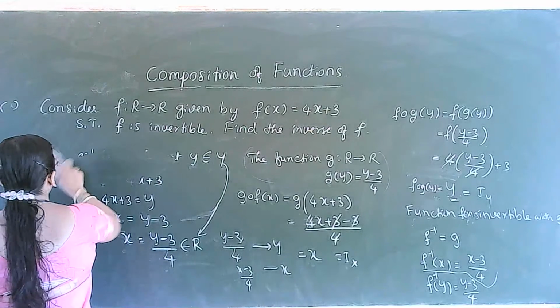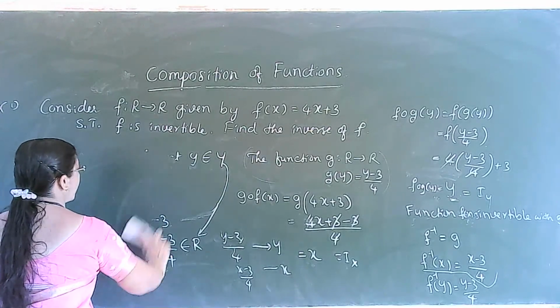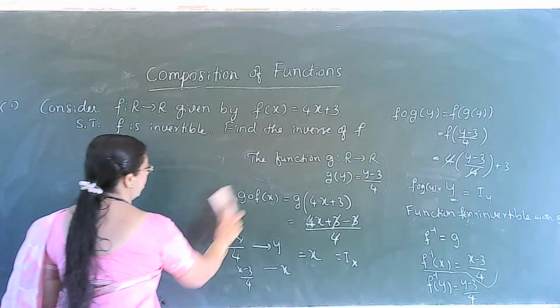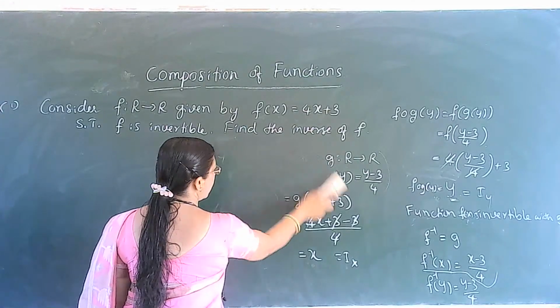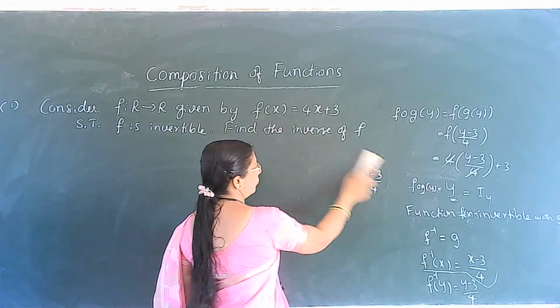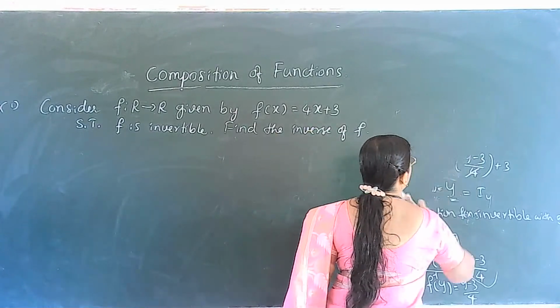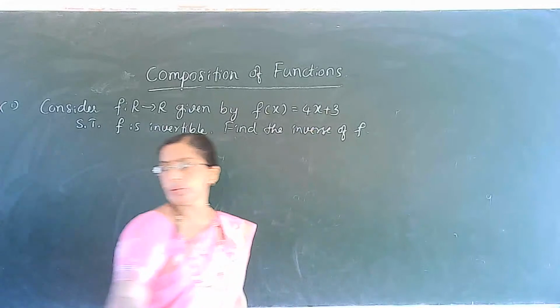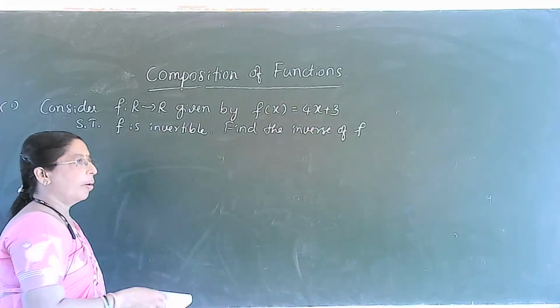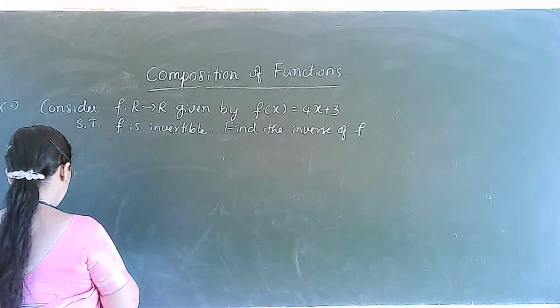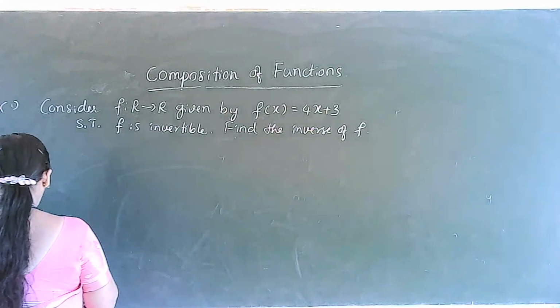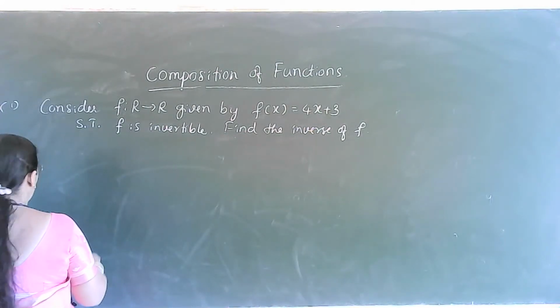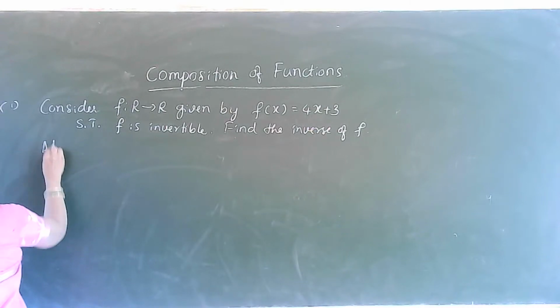Then only you write it as a function, then you write the inverse. I solve that method also for the same problem. You already know about proving one-one function and onto function alternatively.